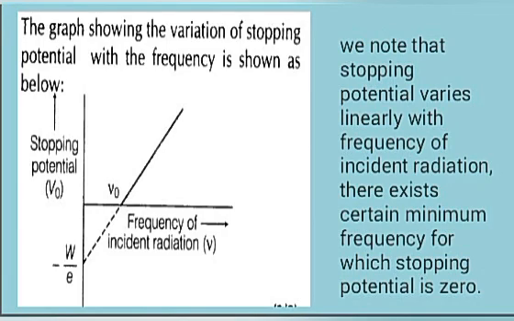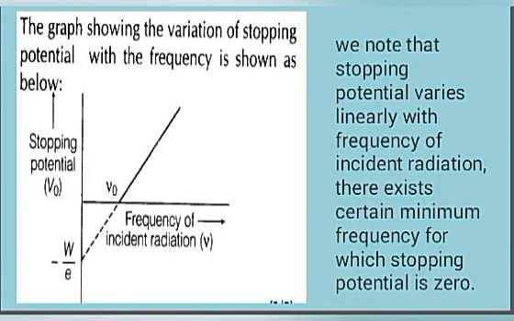Above the threshold frequency, the stopping potential increases. So we can conclude that above the threshold frequency, stopping potential is proportional to the frequency of incident radiation.